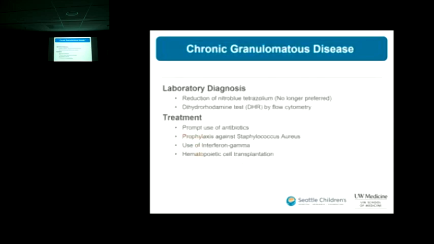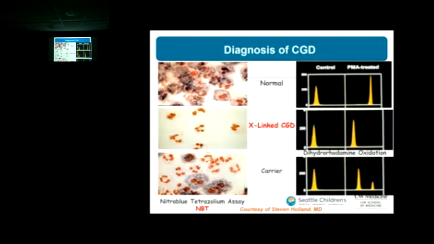And the testing in these patients is here. In the old days, we used to do the nitroblue tetrazolium, and what you can see is that this yellow stain, in patients that have normal neutrophil function, will deposit and turn into blue. This is the normal neutrophil nitroblue tetrazolium, this is a carrier, and this is a patient.